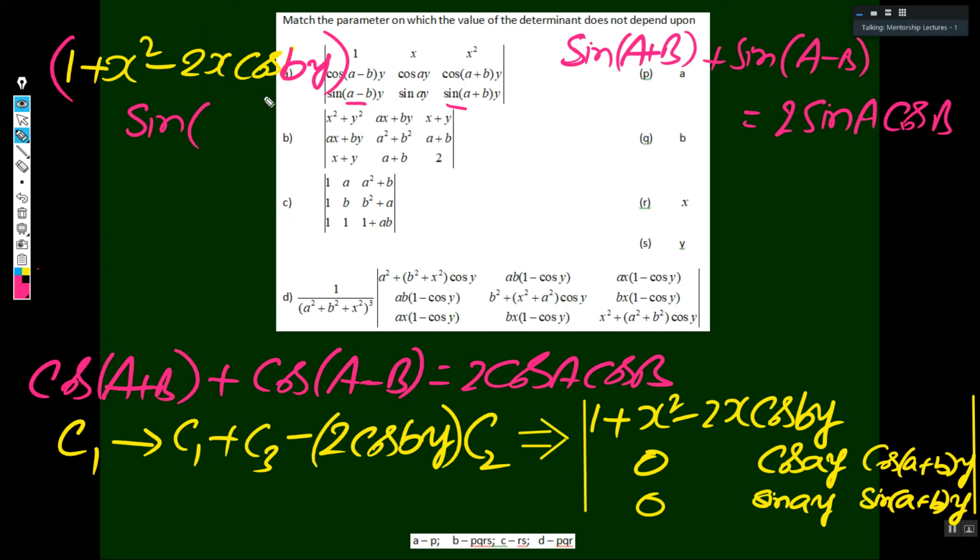How much is it? Sin BY into x का होता. That's it. It is not depending on A. So first option. This one.